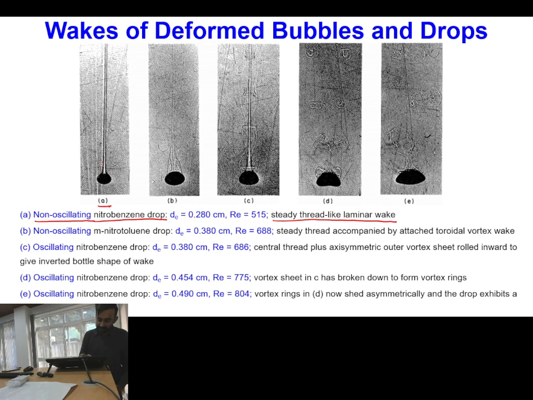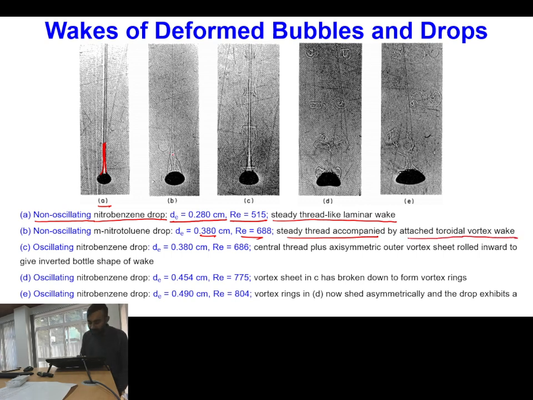So here you can see this is nothing but a smooth thread which is just attached to the particle. Okay, so this will be applicable when your equivalent diameter is 0.28 centimeter and Reynolds number is 515. Once you increase the equivalent diameter and the Reynolds number, then again you have a steady thread, but this is accompanied by a toroidal vortex wake.